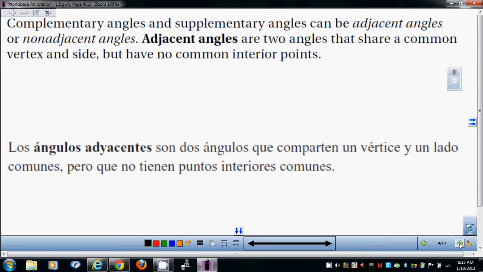Yes, sir. That's a good question. All four of those would have been adjacent. Maybe not the ones that are directly opposite of each other, but each one of them and their immediate neighbor would have been adjacent angles because they shared a common side.